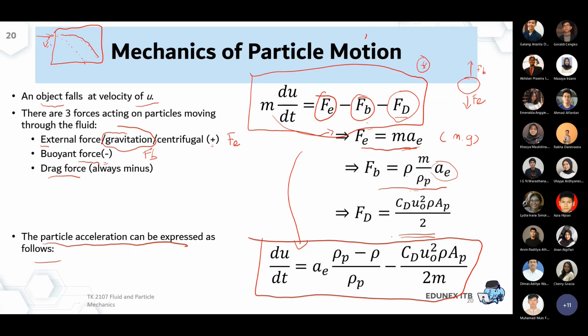The Fe is already substituted, Fb is already substituted, and Fd is already substituted. The m is found in Fe and Fb, so we can combine them together as the first part of the equation.